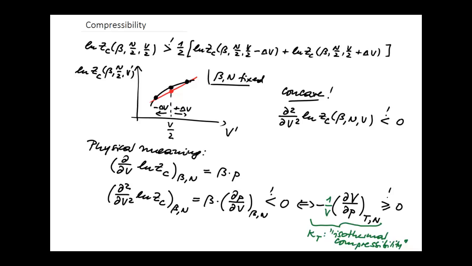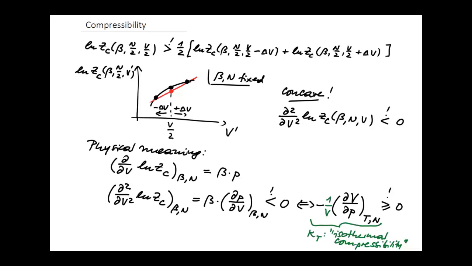It tells you how, at fixed temperature and fixed particle number, the volume changes in reaction to a change in pressure. And this is why it's called isothermal: isothermal meaning at constant temperature, and compressibility meaning how the volume can be compressed, or how it is compressed when you increase the pressure.